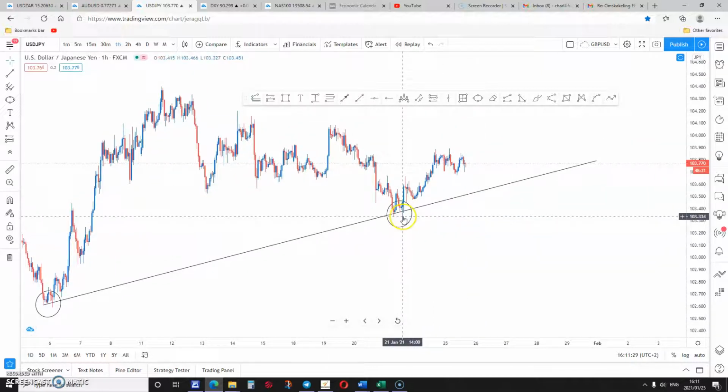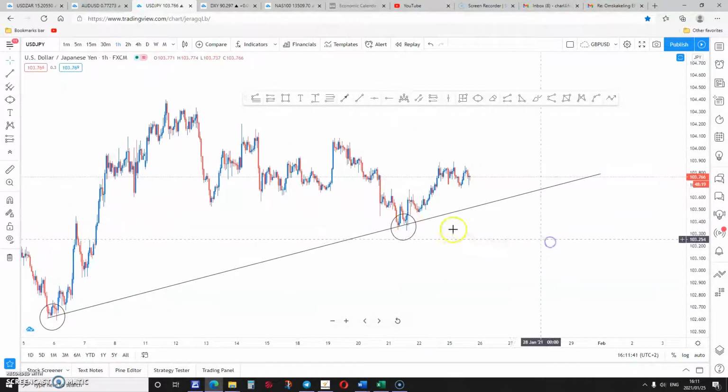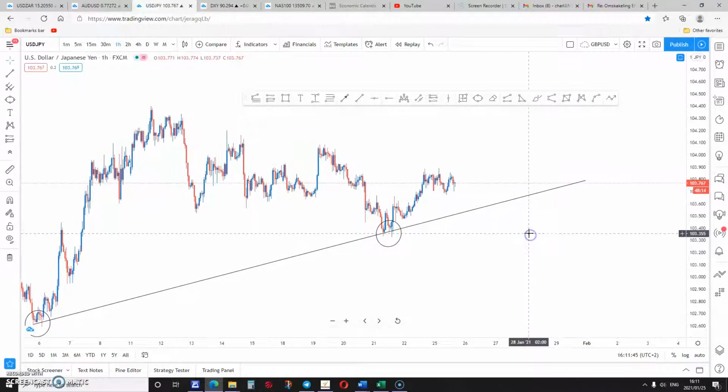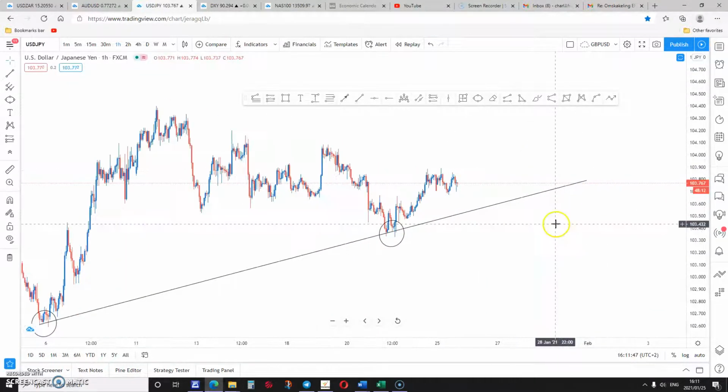It could possibly be seen as the third touch, but that's a bit of a double bottom, so you can't really say it's a first and a second. You can clearly see it came back to retest, so that will be a second, first, second. So we're expecting a third touch somewhere in the near future.